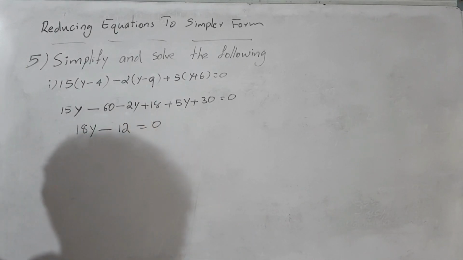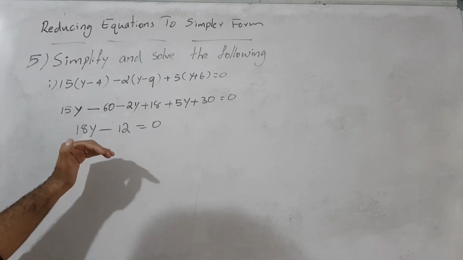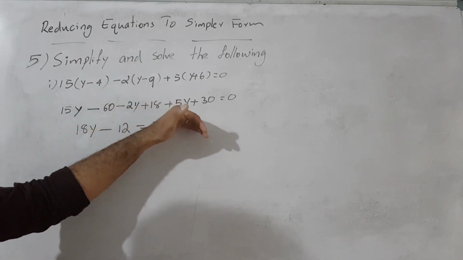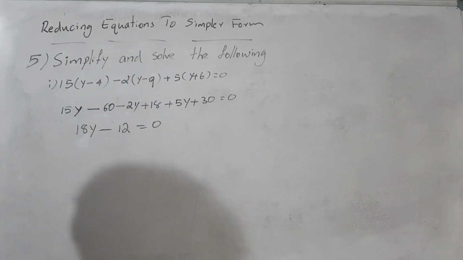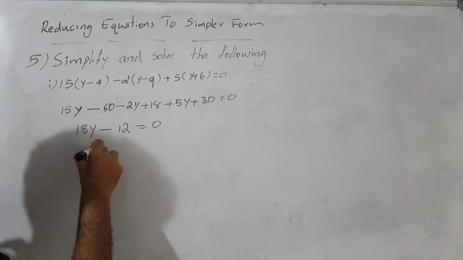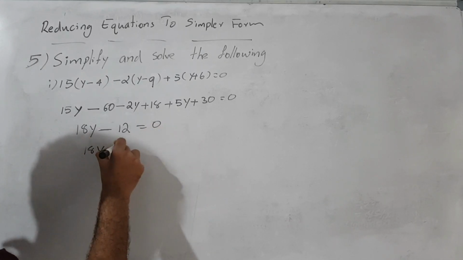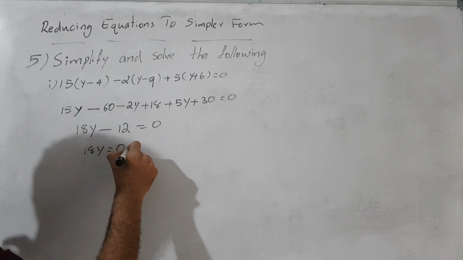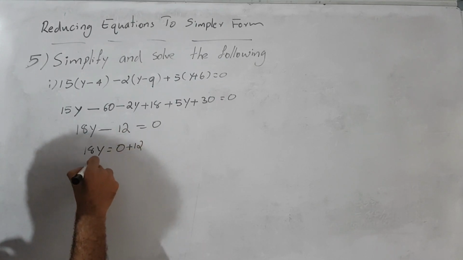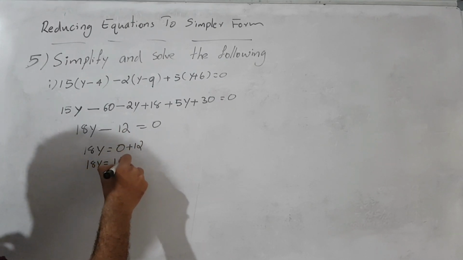Is equal to 0. The next step, we transpose the term not containing the variable to the right side of the equality sign. Then what changes? 18y is equal to 0 plus 12. Then 18y is equal to 12.